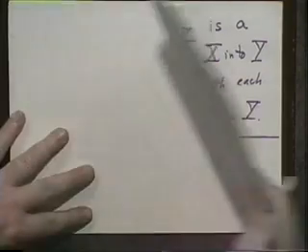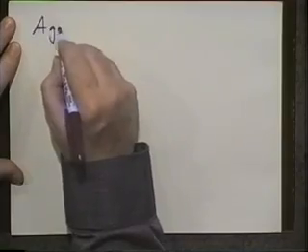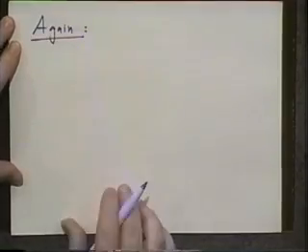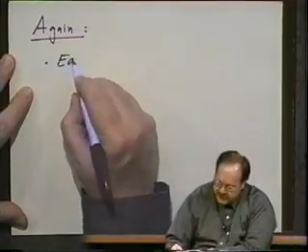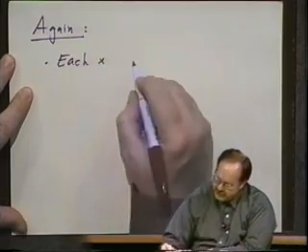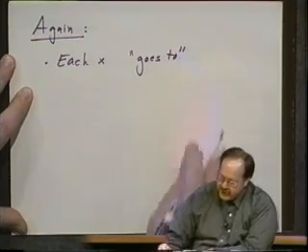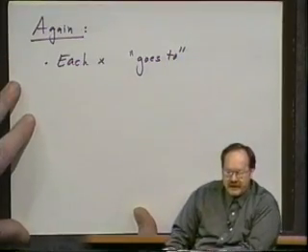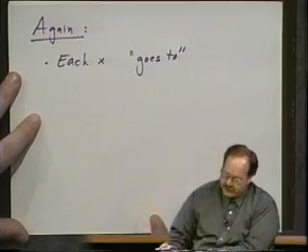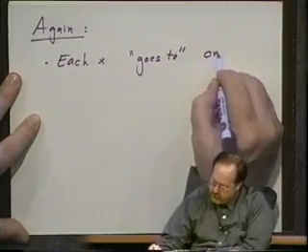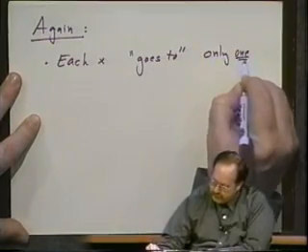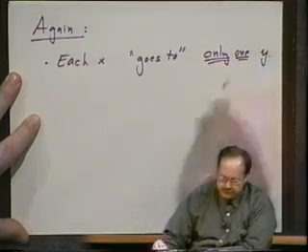Okay, so let me repeat a bit of that and write some of that down, so you'll have that in front of you. Again, putting this in words, each little x, and you heard me use this terminology, people do say this, goes to, or corresponds to, or is associated with. Each x goes to only one y.